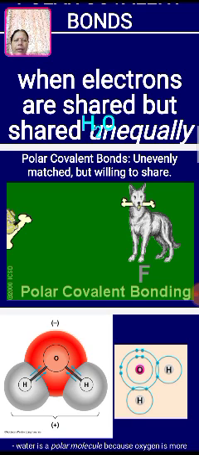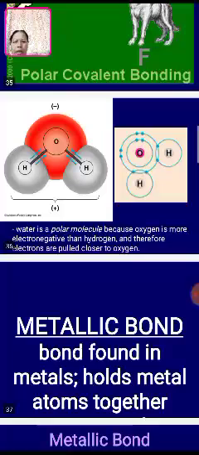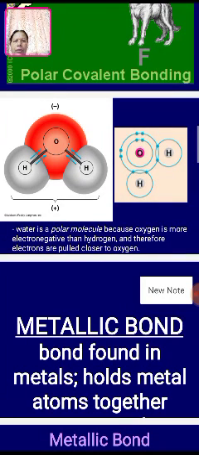So it happens with the polar covalent bonds, unequally matched but willing to share. So likewise hydrogen and oxygen, it is bent in nature. Water is a polar molecule because oxygen is more electronegative than hydrogen. It means that oxygen has electronegativity higher than hydrogen, and therefore electrons are pulled closer to the oxygen.